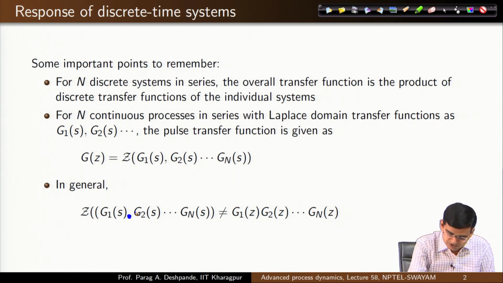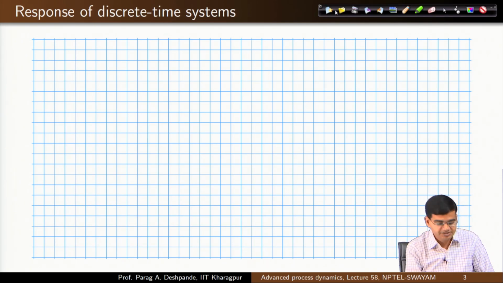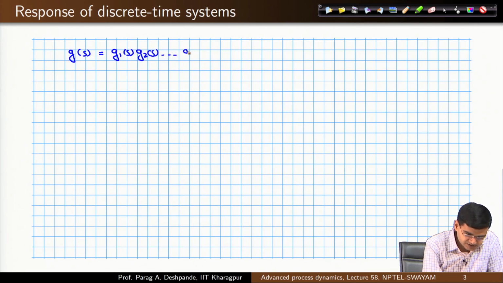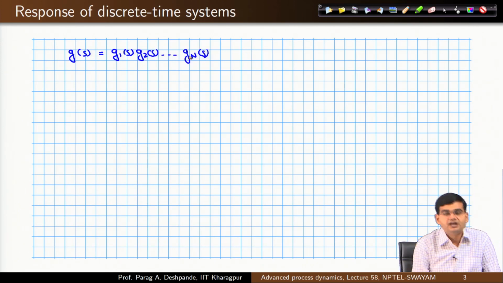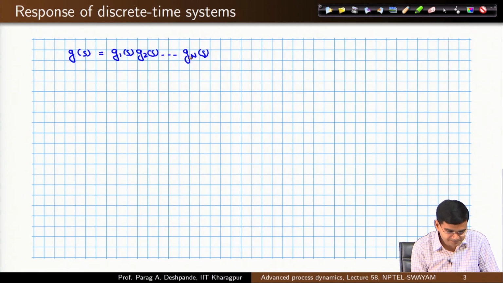Okay. So, I have this overall transfer function G of s, which is equal to G1 of s, G2 of s up to Gn of s. How do I obtain the corresponding Z transform?